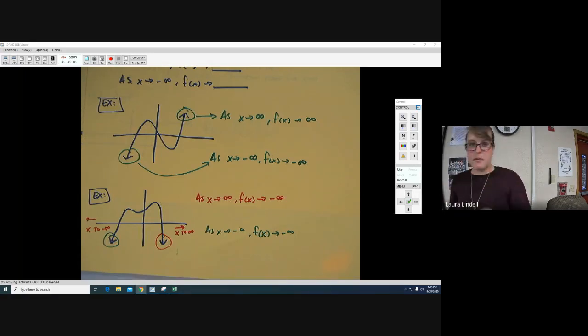So those are some of the more basic situations that we see for end behavior. I'll show a couple with asymptotes now as well so that we can get a little practice with that too. And then that's pretty much all we've got for today. So, another piece of paper here.